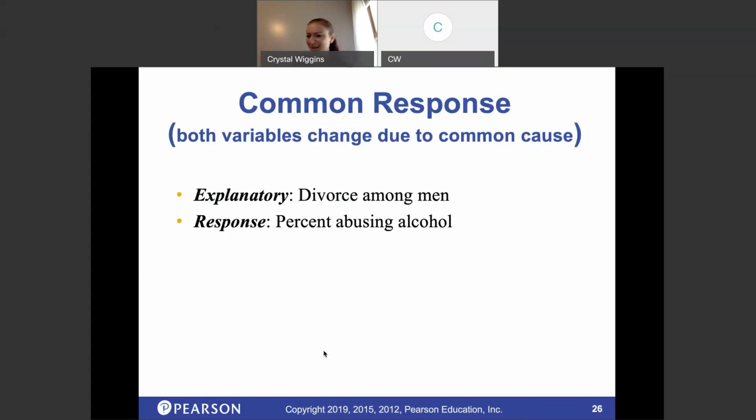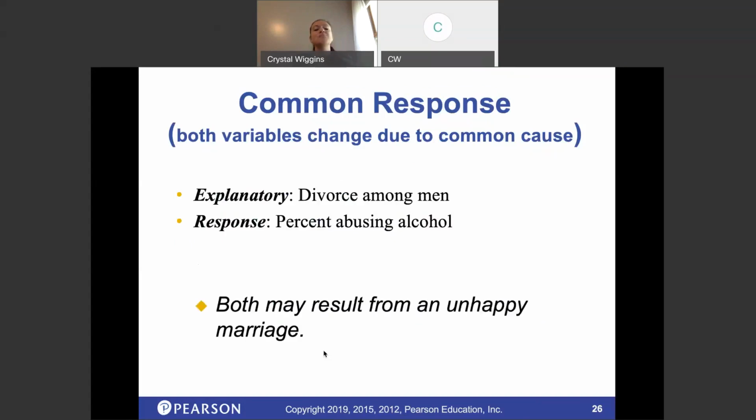It's also possible, but those seem a bit extreme for it to be a very direct cause and effect relationship. It's much more likely that the unhappy marriage is the common ground for both variables. As you have an unhappy marriage, that might increase the divorce rate and also increase abusing alcohol. The happier a marriage, it's possible both of those will decrease. Just a possibility. We're not saying that this is hardcore fact here.